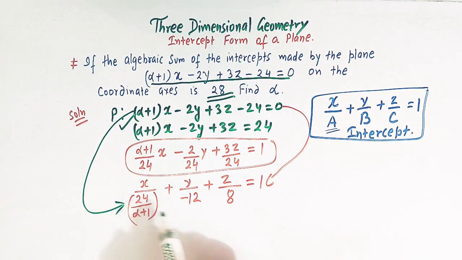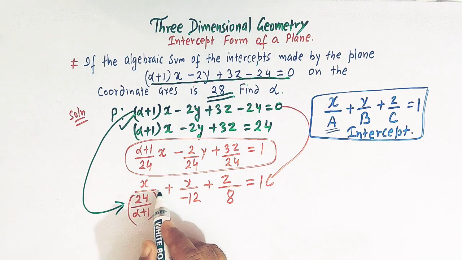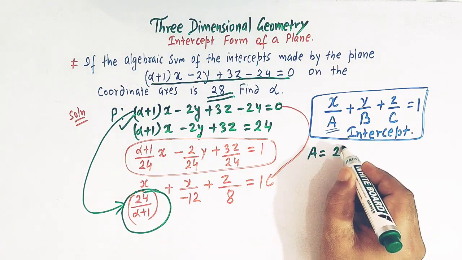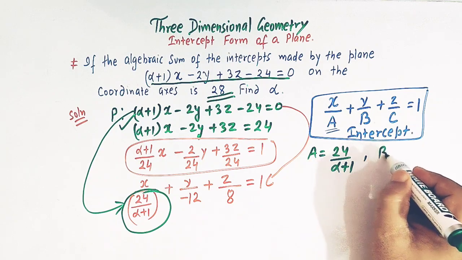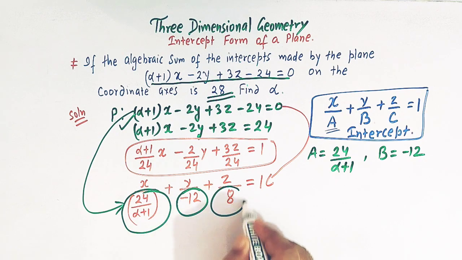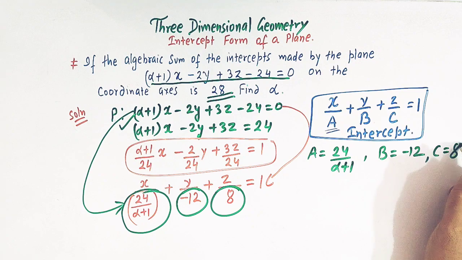Now if we compare these two equations, then we can see that the value of a is 24 over alpha plus 1, and the value of b is minus 12. This is b and this is c, so c is 8.